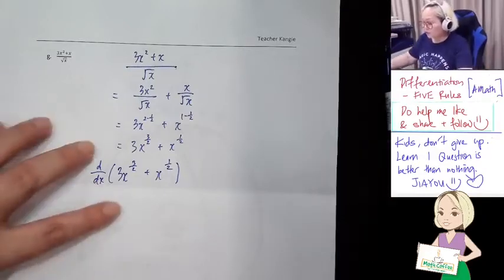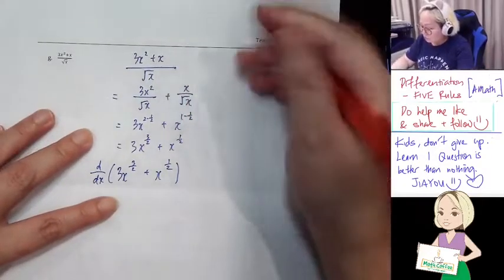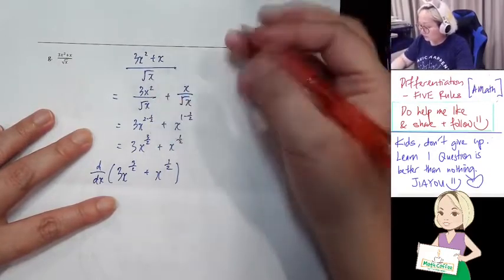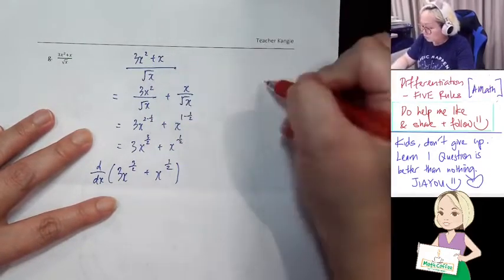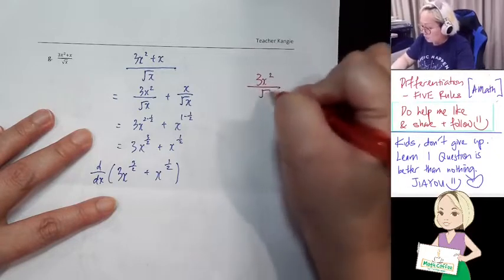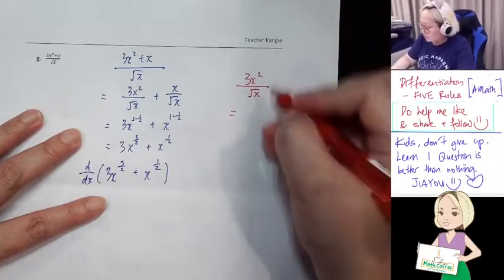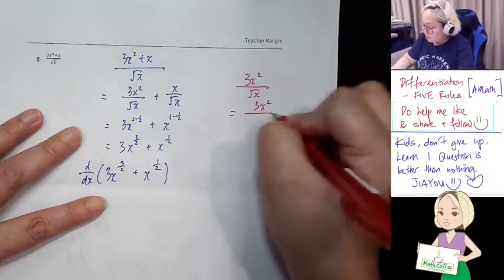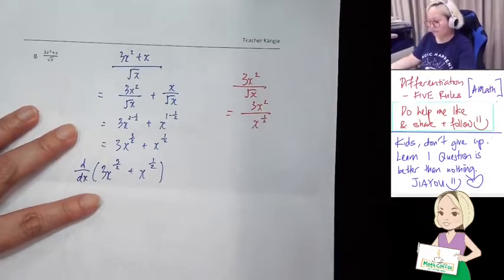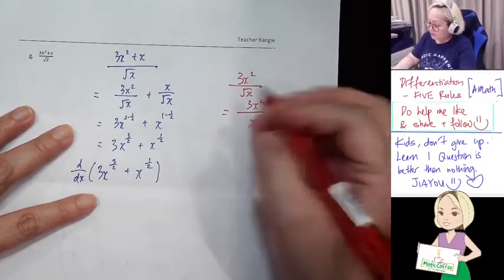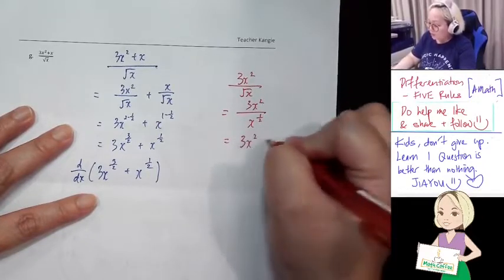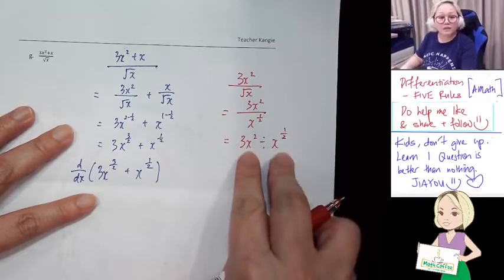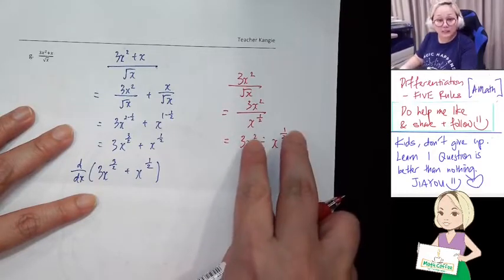Okay, for students wondering how did I get from this step to this step, I'm going to do this at the side: 3x squared over square root x. So I'm going to change the square root to become the power. So it's 3x squared over x to the power of half. Because it's divide, we know that when we divide with the same base, you minus the power.